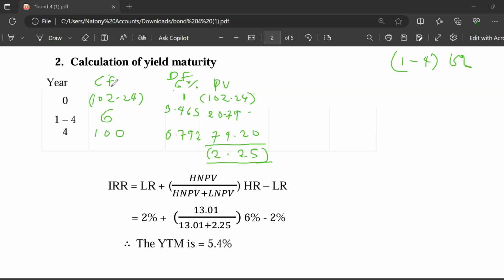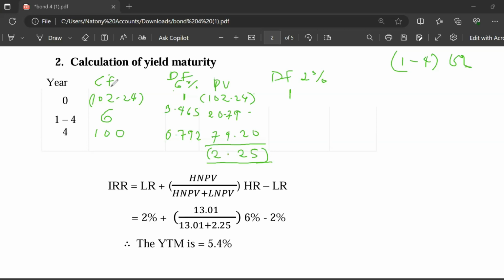Since it's giving me a negative, negative means minus, that means I have to reduce the second rate. Since I've started with 6%, let me reduce the second discount factor to 2%.